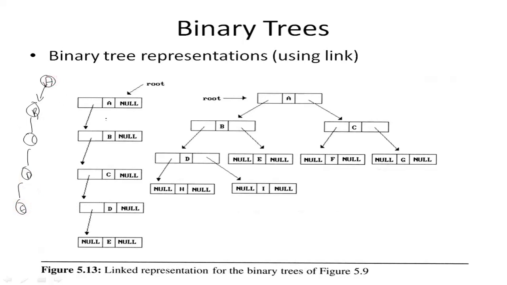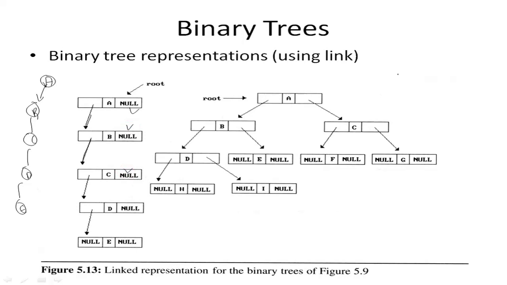But here, if you see, there are only 5 nodes, meaning 5 memory blocks are reserved. The data part has data A, B, C, and so on. The left pointer is pointing to the left side, whereas the right child, in case of a left skewed tree, has nothing on the right, so that can be null.